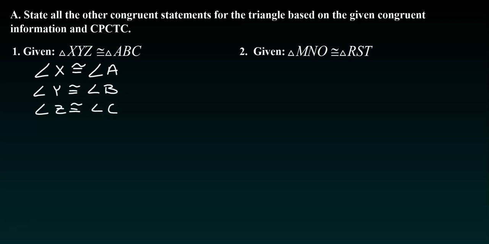If we look at side lengths, so looking at the first one here, we have XY. So the length of our side XY is congruent to the side AB. In the written order, you write the letters out in the same order as congruent to each other.